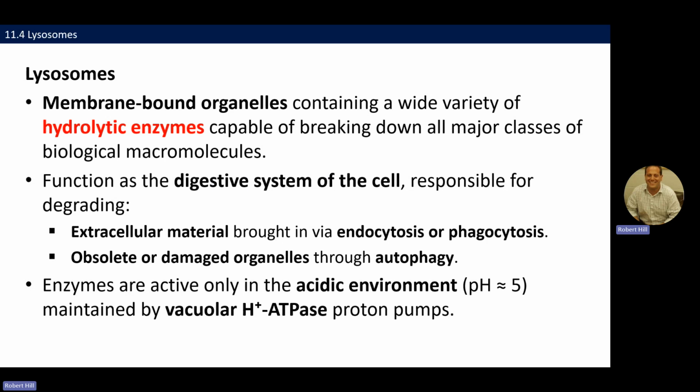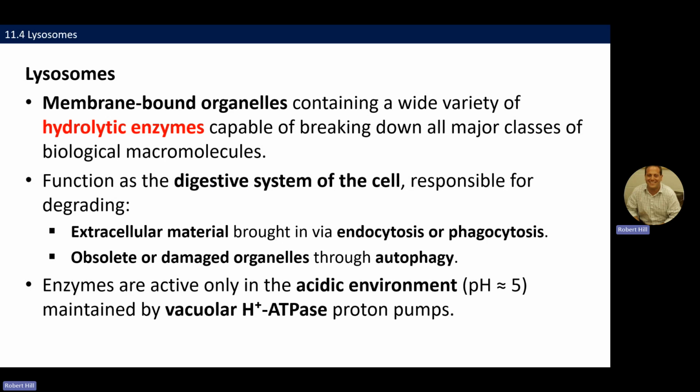So what are the things that need to be broken down? Well, particles that are endocytosed into the cell, right? Or phagocytosed, so things that come from outside of the cell: nutrients, proteins, bacteria, bacterial particles. And then there's also particles that originate from within the cell that need to be broken down, such as damaged organelles.